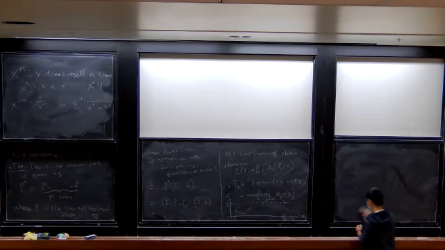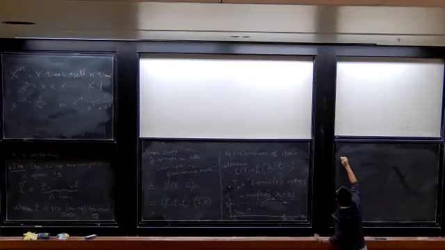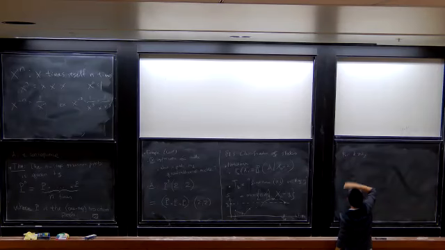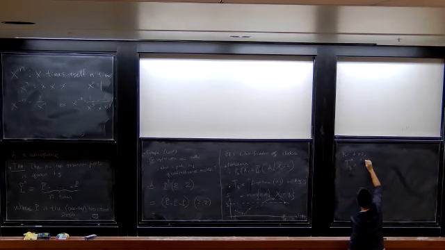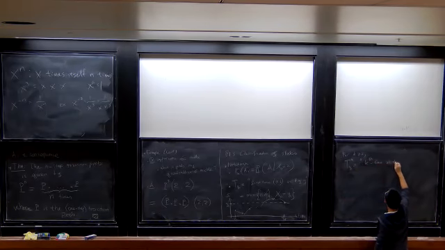In general, I can define the k-th time visiting y. So for k starting from 2, I denote by t_k of y to be the k-th time visiting y.